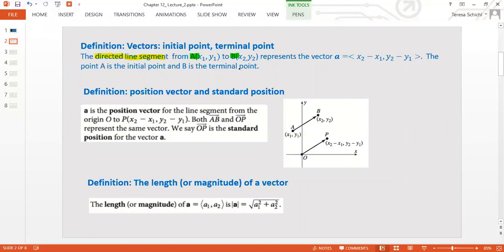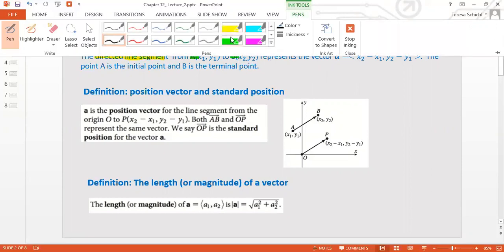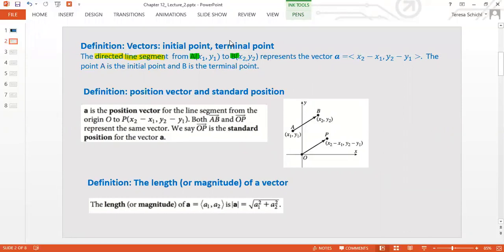This vector starts from A and goes to B, which is different from B to A. The vector is defined by using your terminal point: x2 minus x1 as the x coordinate, and y2 minus y1 as the y coordinate. That's our first definition of vectors, so be careful about these notations. A is the initial point where it starts, B is the terminal point.